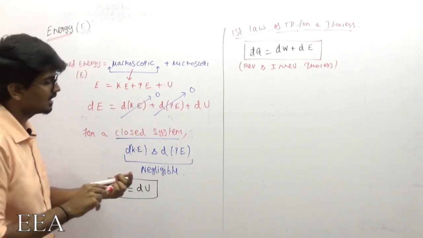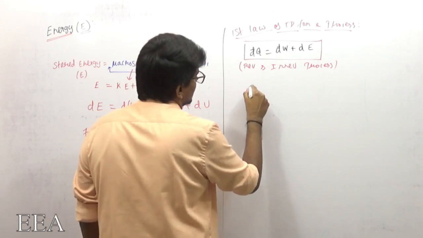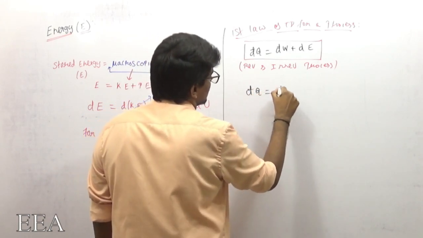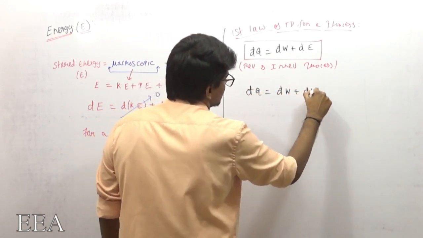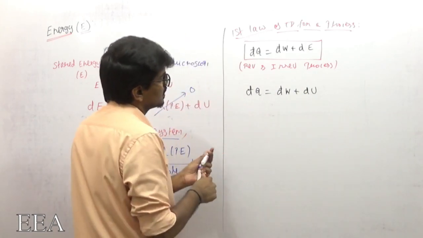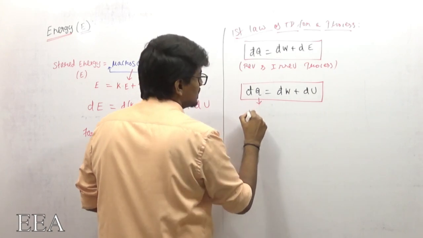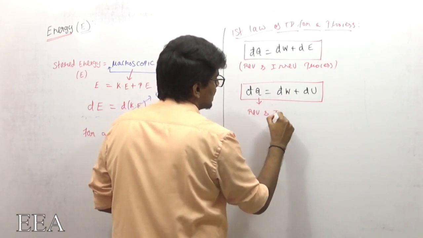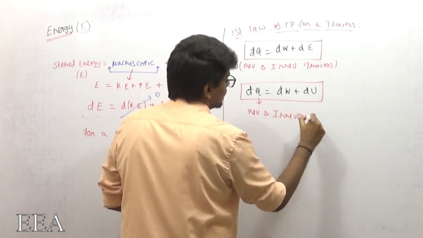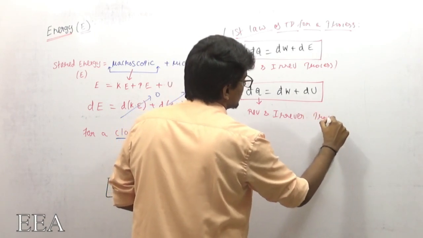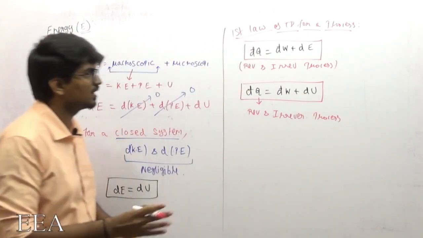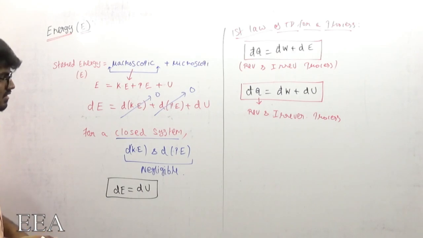So d'Q will be equal to d'W plus dU. What are the assumptions here? Again, this can be applied to both reversible and irreversible processes, because I didn't introduce anything which is going to change the reversibility or irreversibility.